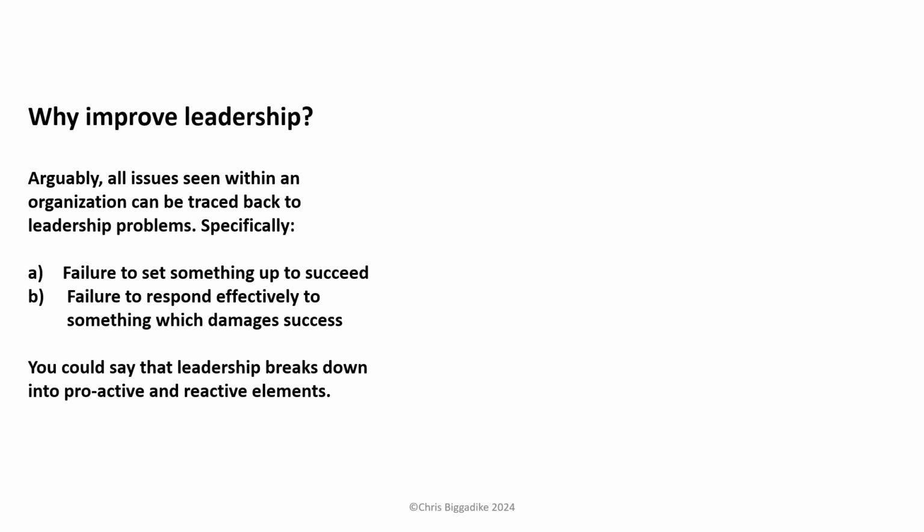Arguably, all issues seen within an organisation can be traced back to a leadership problem. Specifically, either failure to set something up to succeed or failure to respond effectively to something which damages success. You could say that leadership breaks down into proactive and reactive elements.